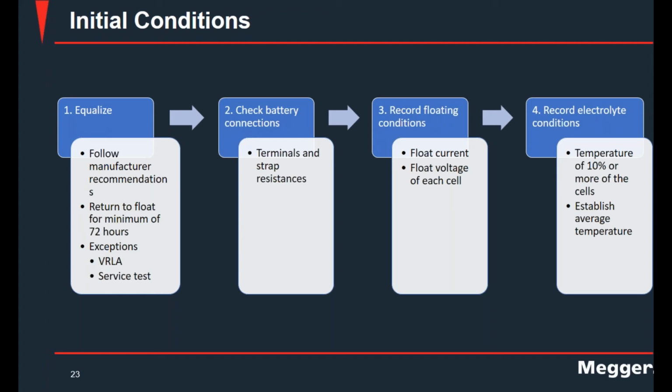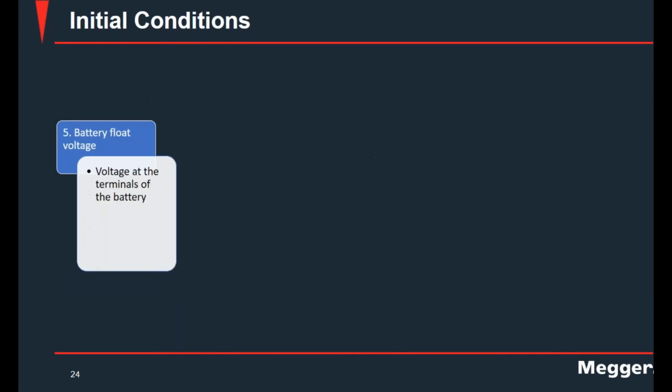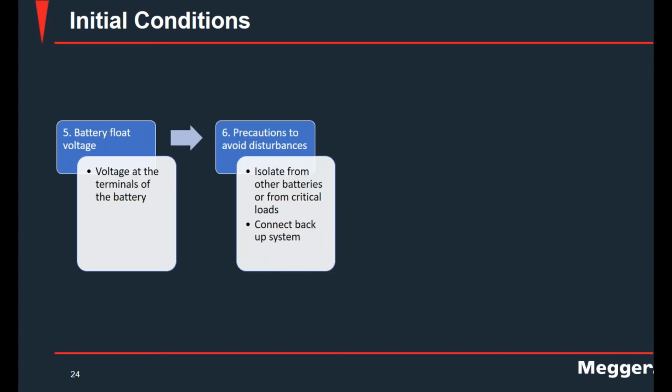Once you are done with the cell level, then you check the overall voltage at the terminals of the battery. It's a verification step. Then you take all of the precautions to avoid disturbances. You're going to be demanding current from the battery. Are you disconnecting the battery from the load, or is the load going to still be connected? You want to take any precautions to avoid any protection operating because of low voltage on the battery, if you are leaving the load connected.